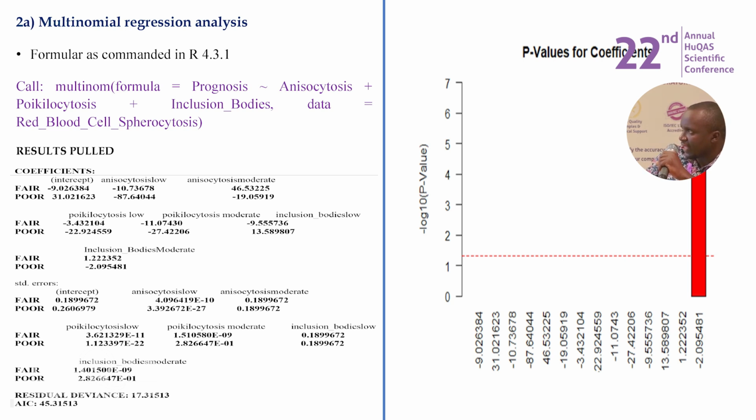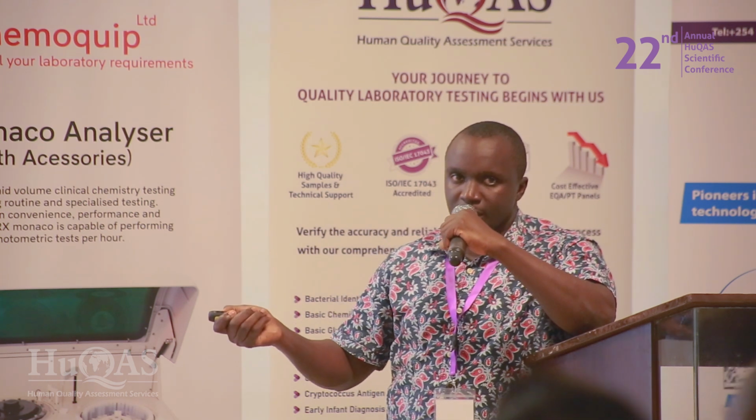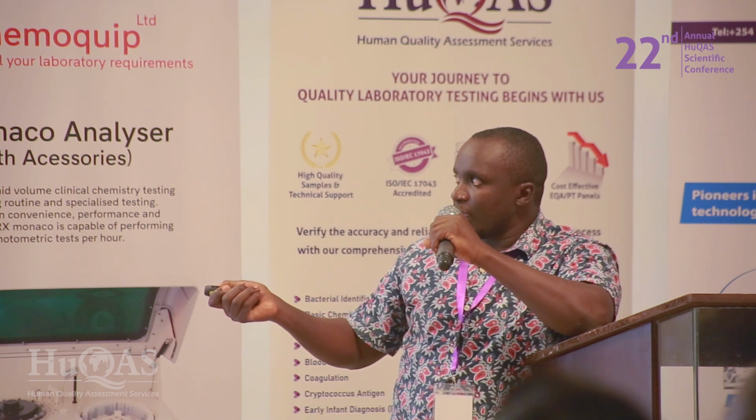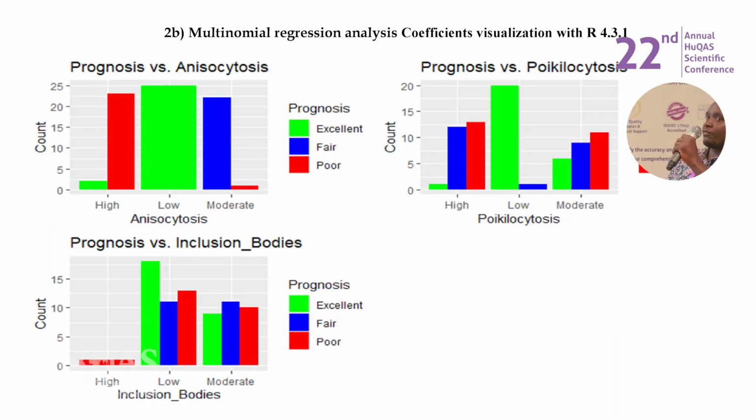The association between the moderate inclusion body and the poor prognosis was not statistically significant. But you can see all the other associations were statistically significant. This is a good way of presenting our information.